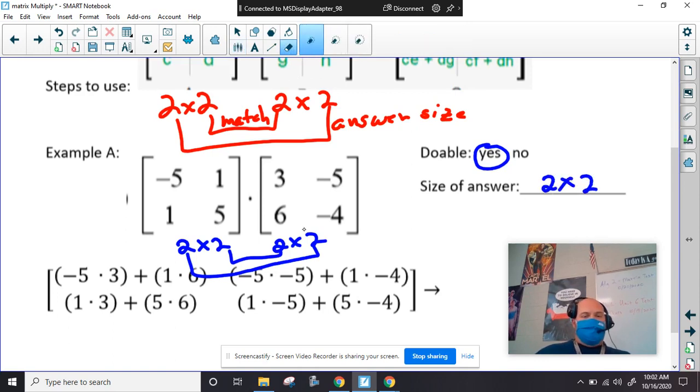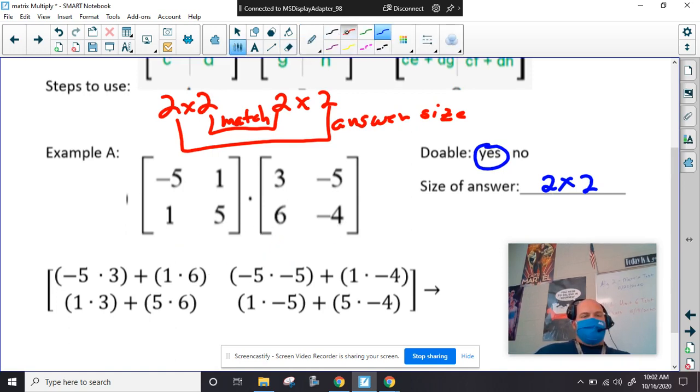Now, I did that and then wrote it all up in my notes down here. So this part right here is in the first row, first column.